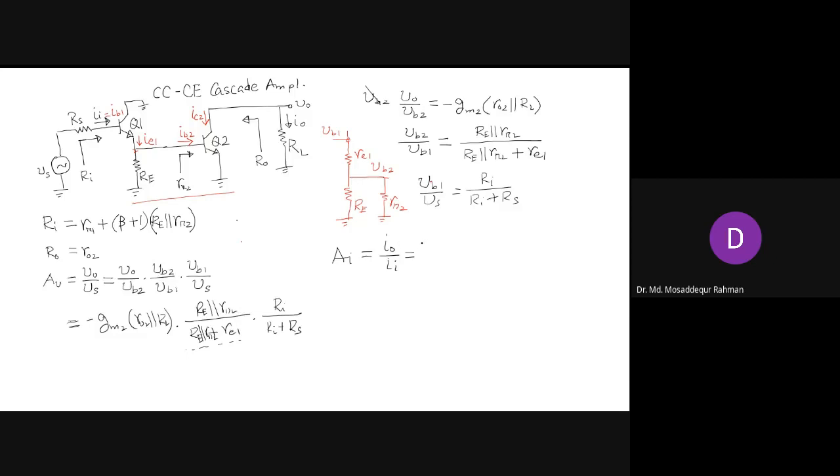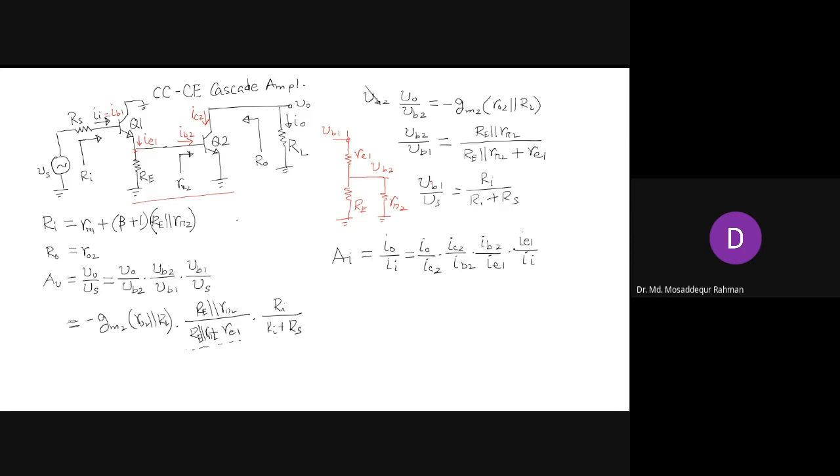Now this one here we express like this: I naught by, first term is IC2, and then we have IC2 by IB2, and then IB2 by IE1, and then IE1 by II. Okay.